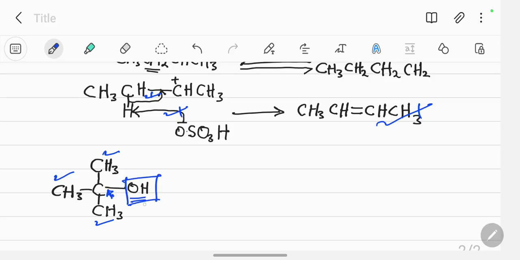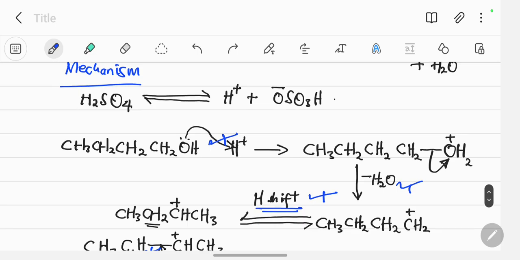When you cover functional groups, you will understand that the functional group here is the hydroxyl group. It's a tertiary alcohol because it is having 3.